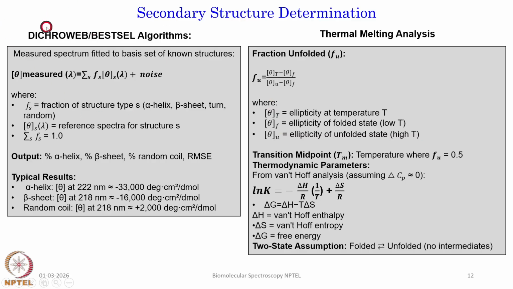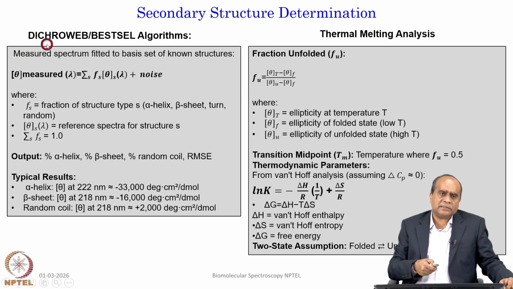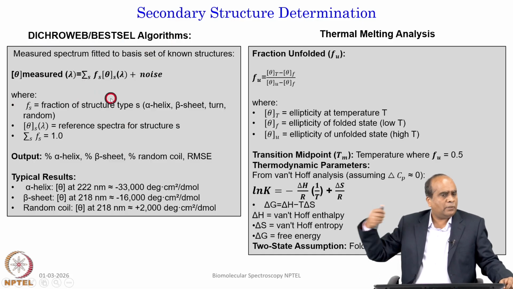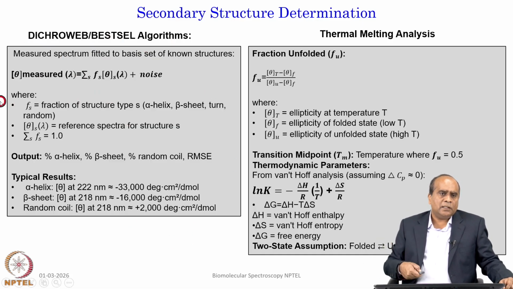Now, as I said, these are some of the algorithms that help you in determining the structure. What we get is this theta, and these algorithms, Dichroweb or Bestsel, learn from the machine, from the database, and typically fit the mathematical equation, the components of helix, sheet, noise, all of these, the fraction of secondary structure, helix type, beta sheet, random coil type, and match with some reference spectra to give you output in terms of percentage helix, percentage sheet, percentage random coil, and some root mean square error, right.